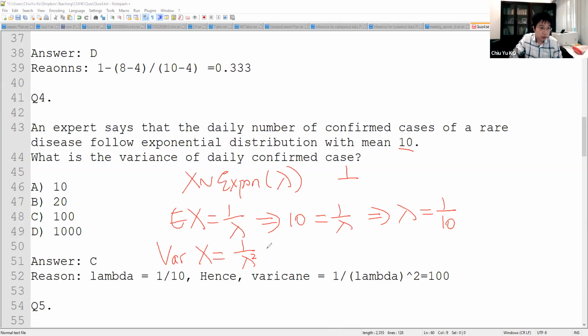Okay, so that means the variance is 1 over (1 over 10) squared.